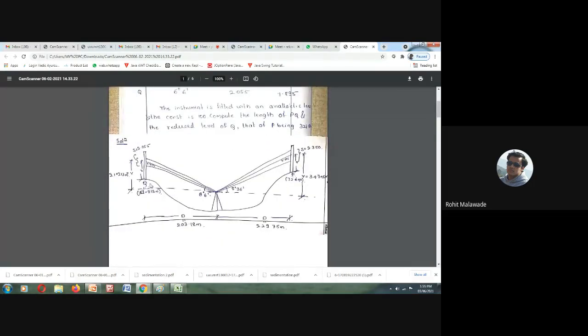The difference between this level and this level, how much is it? 32.640 minus 19.818, because these are the elevations of P and Q compared to the line of sight.